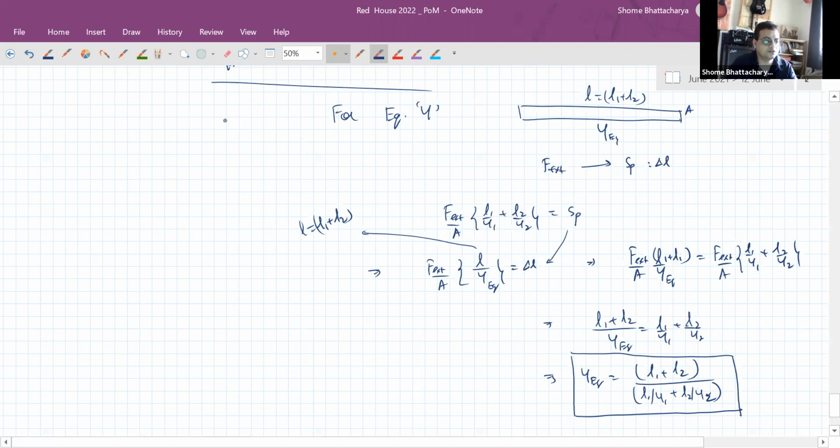So this is the third part for the equivalent Young's modulus. Yeah, so you can just substitute in this formula and verify. I think L1 and L2 were 2 and 1.5, and Y1 and Y2 were 2 into 10 raised by 11 and 6 into 10 raised by 11. So by substituting, we get the value.